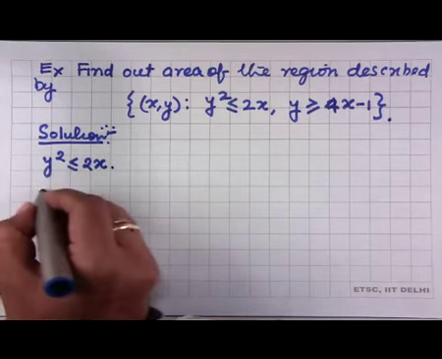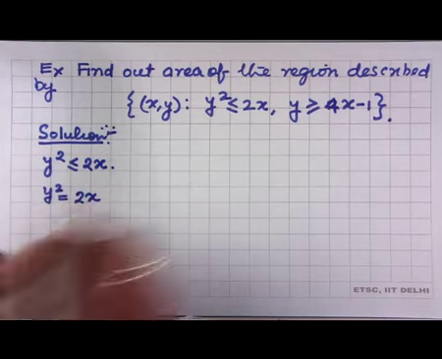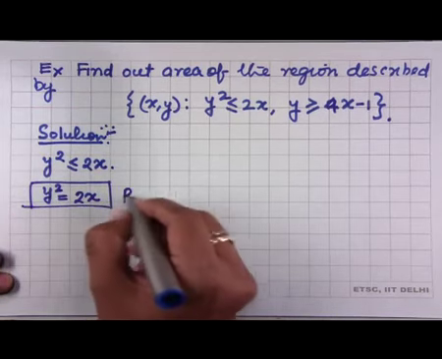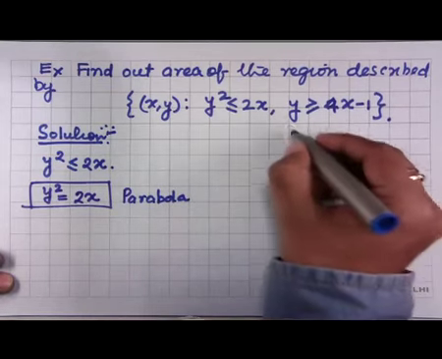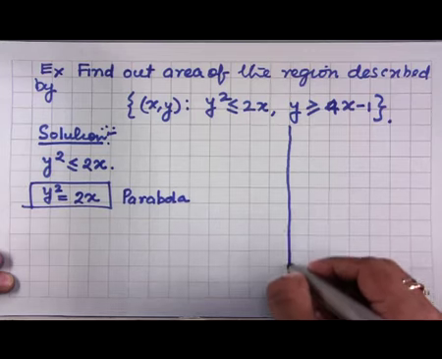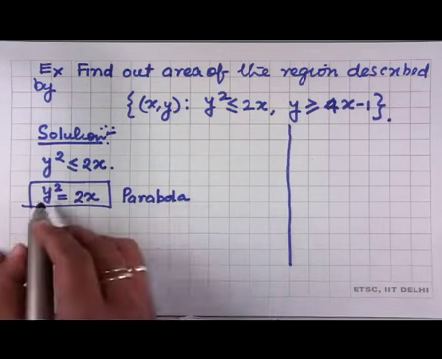To realize that, we have to plot first this equation, which you know it is a parabola whose vertex is 0 0 and axis is x axis.